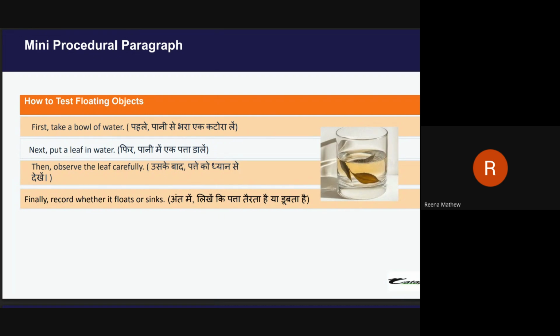So when you are explaining steps in English, you don't always need one, two, three. You can use these words first, next, then, finally, whenever you are explaining a procedure or step.